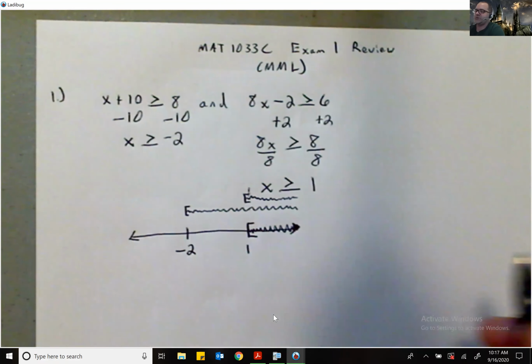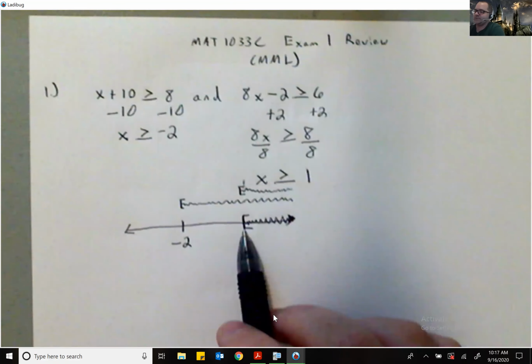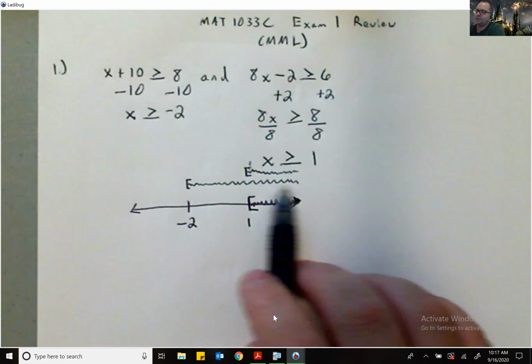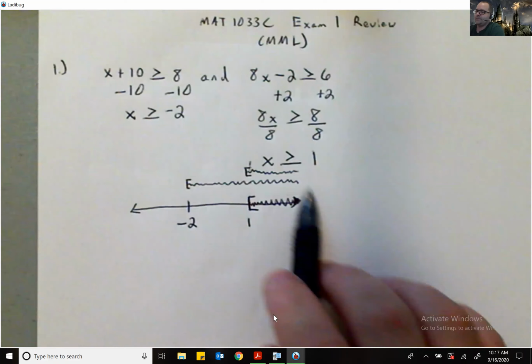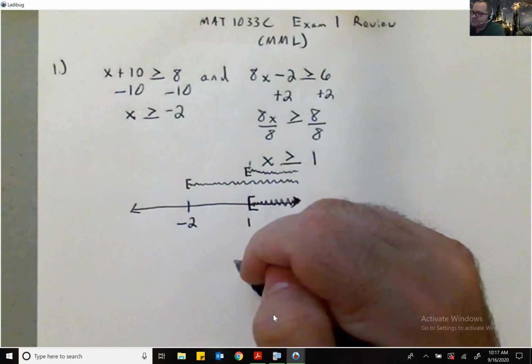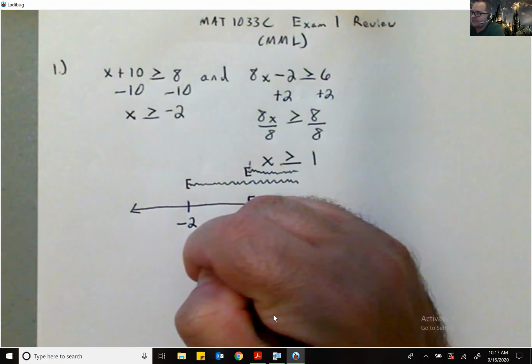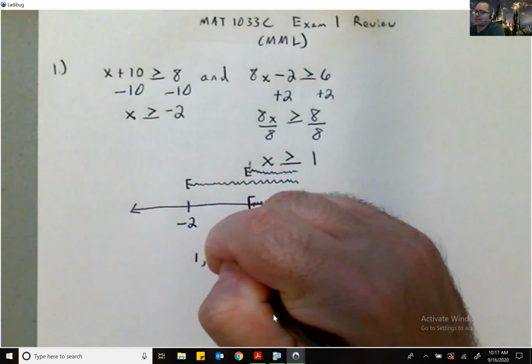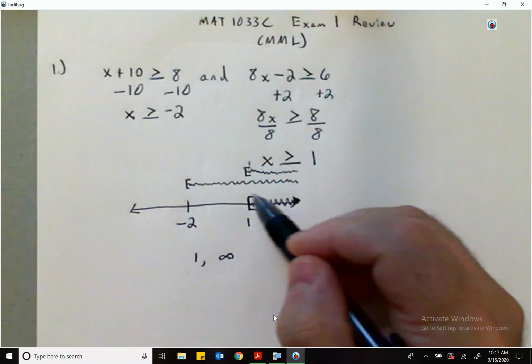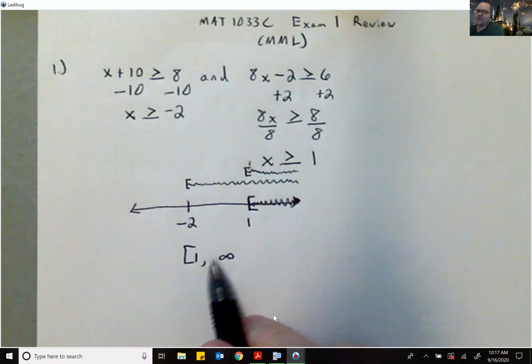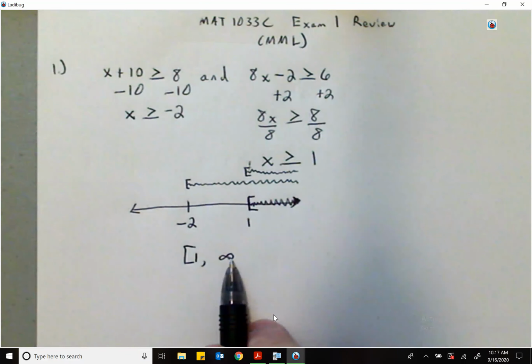Okay? Now the question is, what does this answer look like in interval notation? Isn't it 1 to infinity? Good. So 1 comma infinity, bracket or parenthesis at the 1? Bracket, because it matches. Bracket or parenthesis at infinity? Parenthesis.